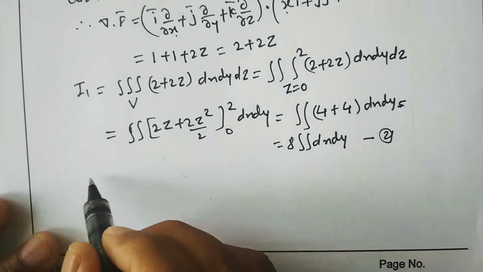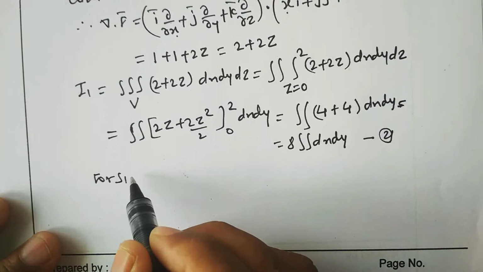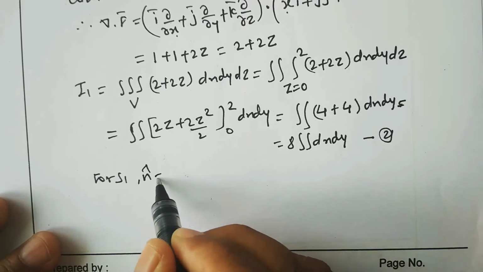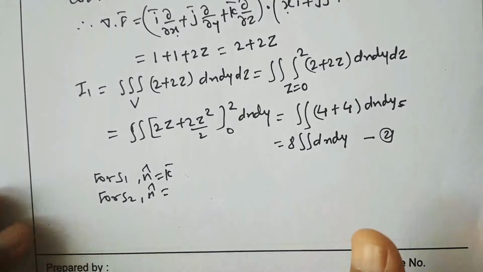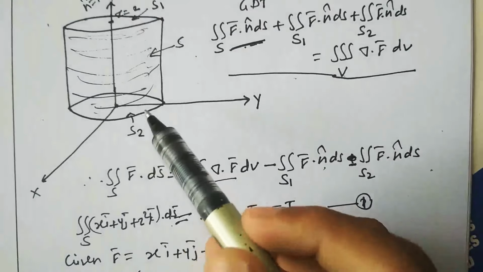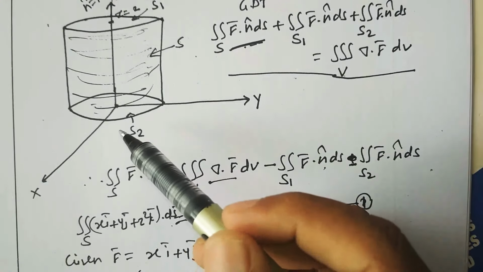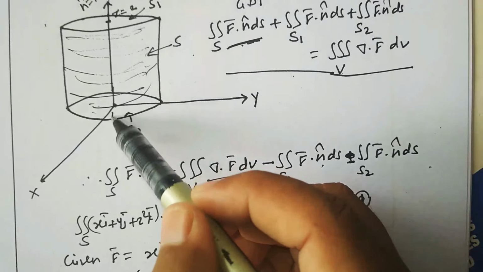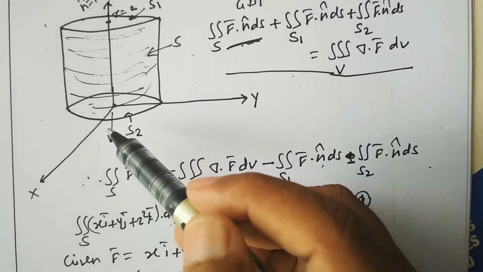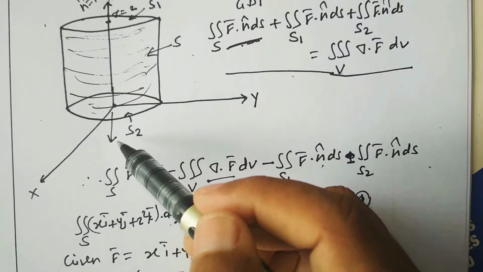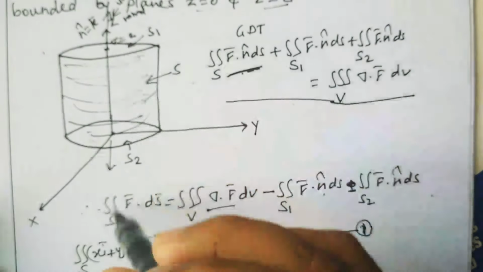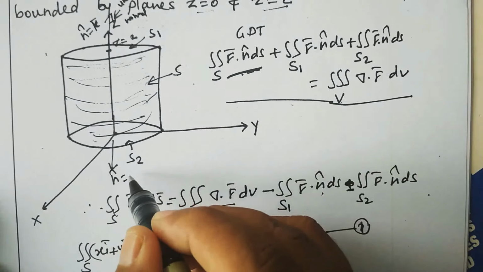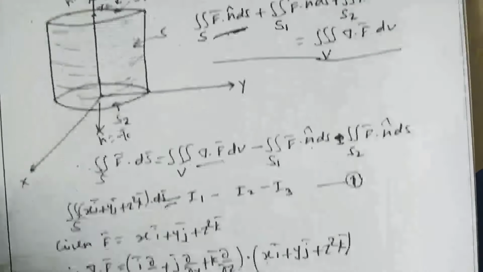So for S1, n cap is equal to k bar, and for S2, what is n cap? See, S2 is the bottom surface, so the unit normal in the outward direction is opposite to the z axis. So we have to take the value of n cap as minus k bar.